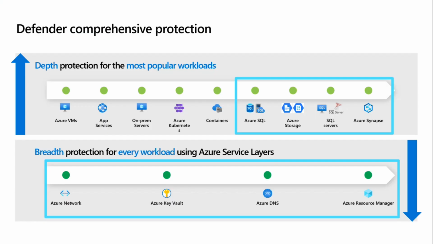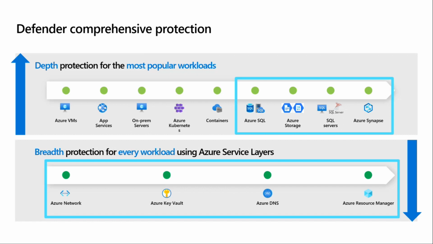So Defender capabilities include two types of security solutions to protect your cloud workloads. The first set offers cloud depth protection for the most popular Azure workloads, like your Azure VMs, your app services, your on-premises services, your Kubernetes containers, Azure storage, SQL servers, all of these.